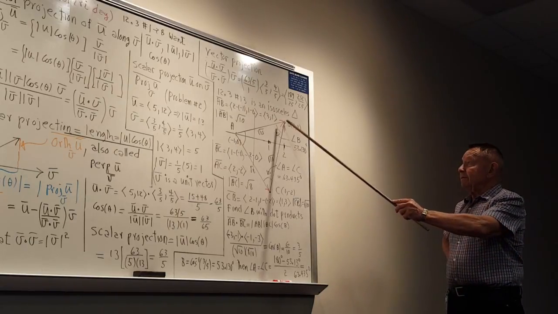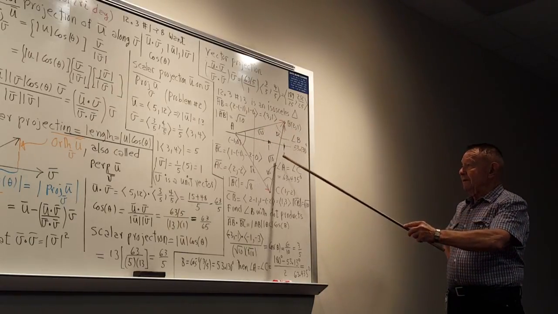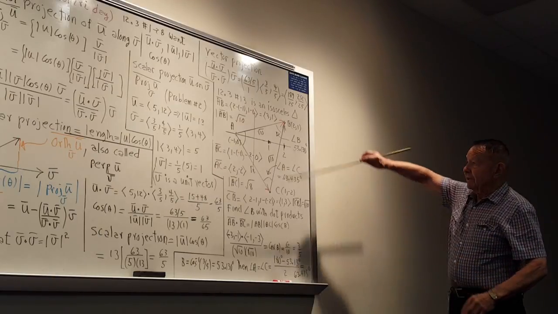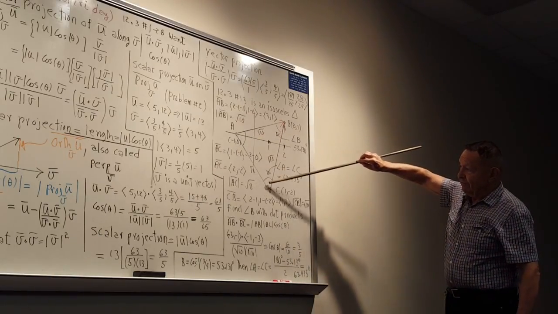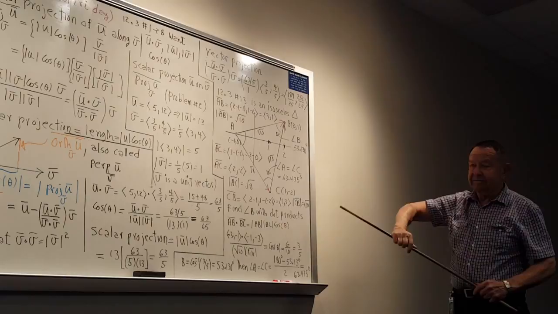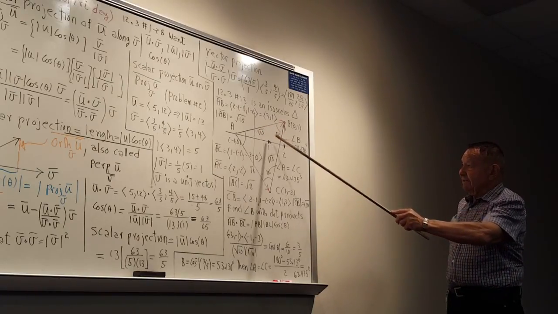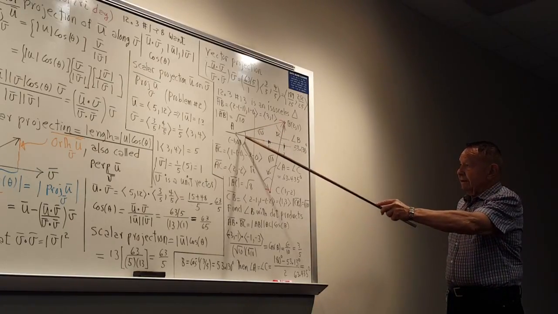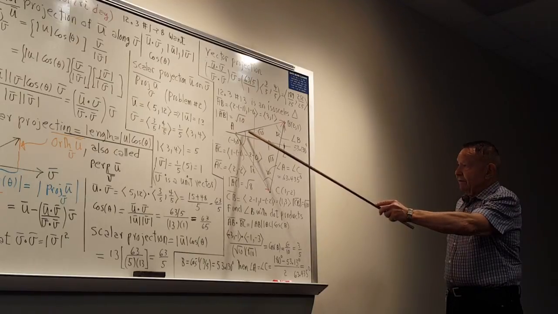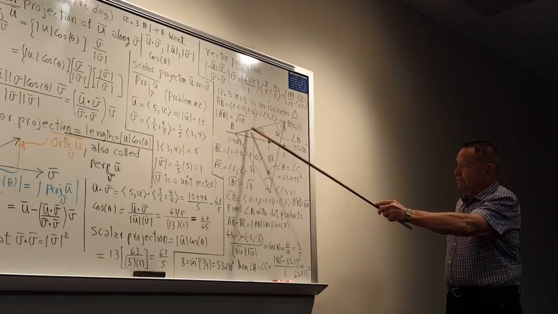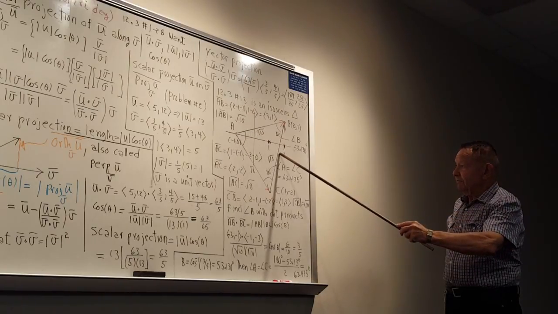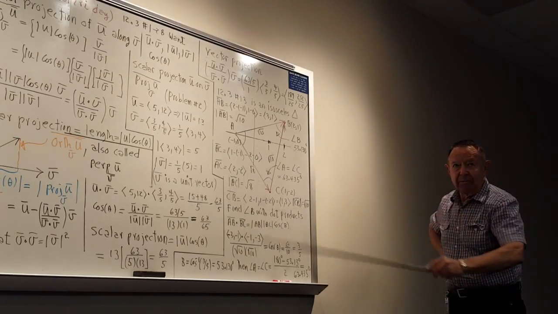So then you have the two equal sides, so that means these two are equal angles. From geometry, if you have an isosceles triangle, the angles that are at the base of the two equal sides are equal.